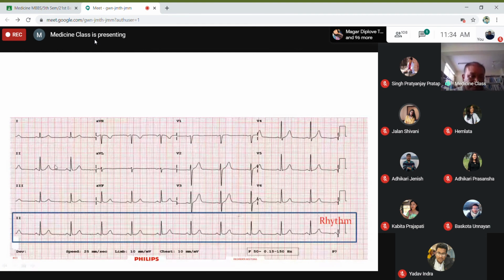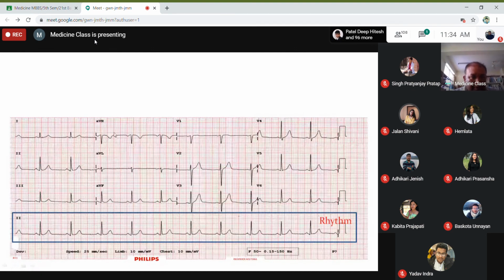What we generally follow as a rule is that these should appear in sequence like this. Leads 1, 2, 3 will come first. So even if it is a single channel, lead 1 will be followed by 2 and then 3.